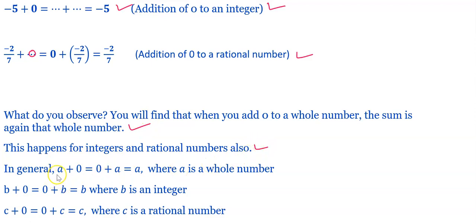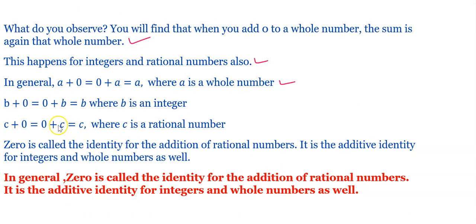Therefore, in general, a plus 0 is equal to 0 plus a, which equals a, where a is a whole number. b plus 0 equals 0 plus b equals b, where b is an integer. c plus 0 equals 0 plus c equals c, where c is a rational number.